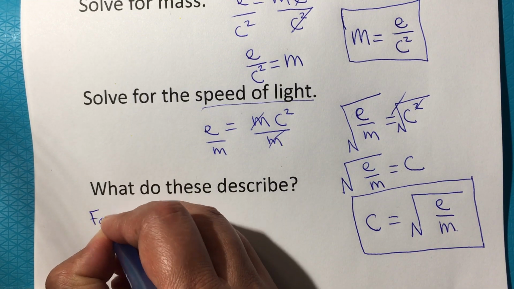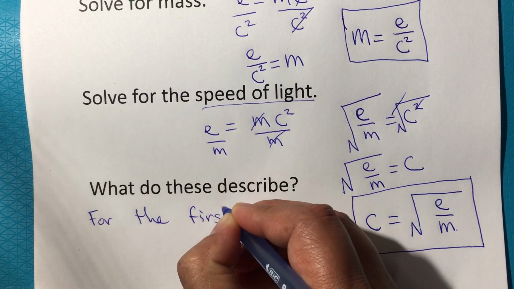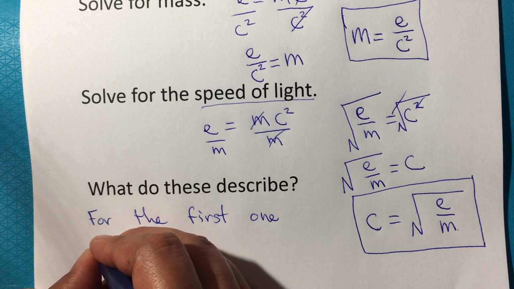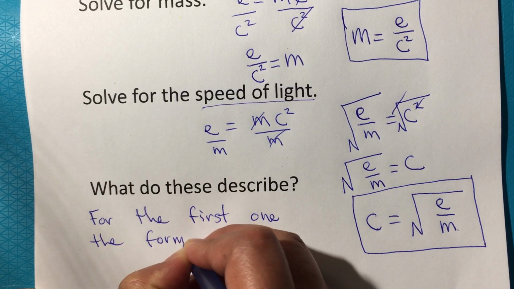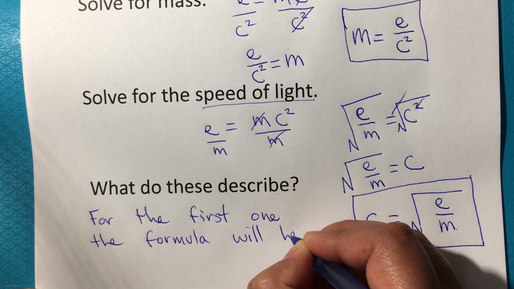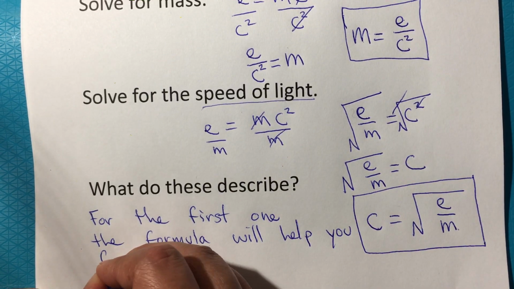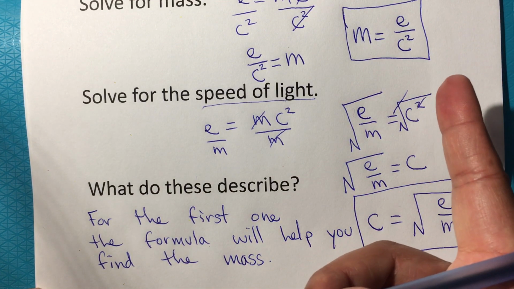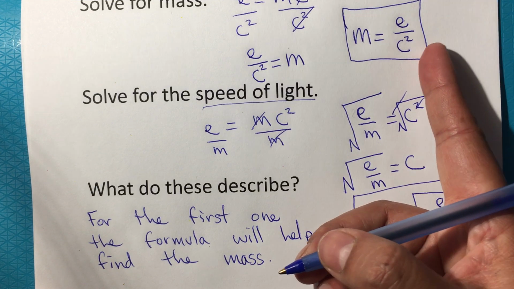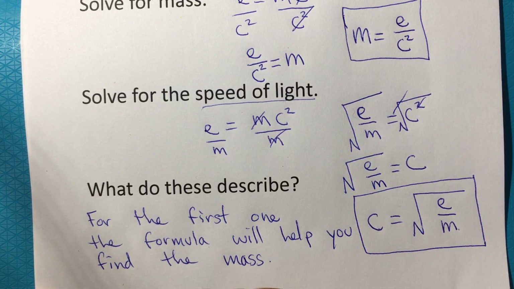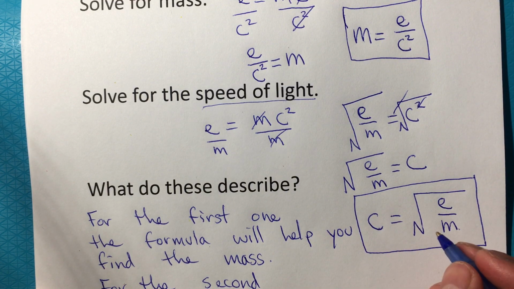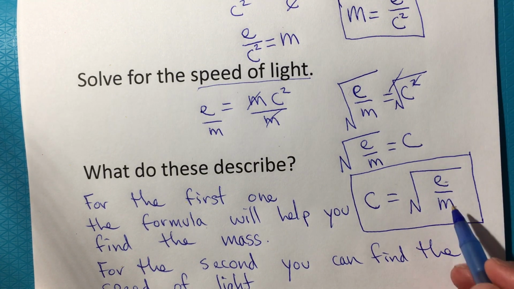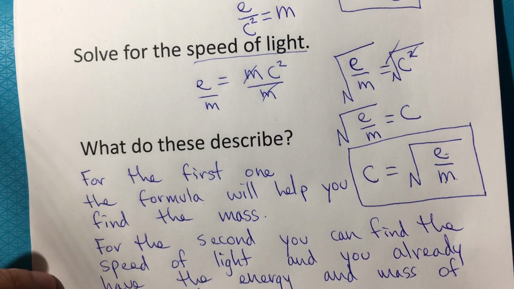So the first formula will help you find the mass, and again, it means you have the energy and the speed of light squared. For the second, this one right here, you can find the speed of light because you have the energy and the mass of the object.